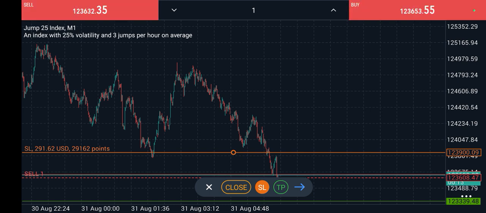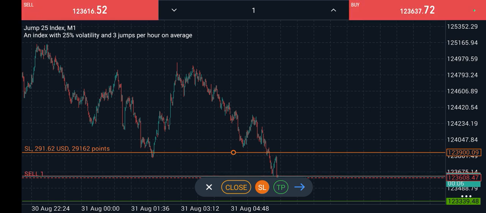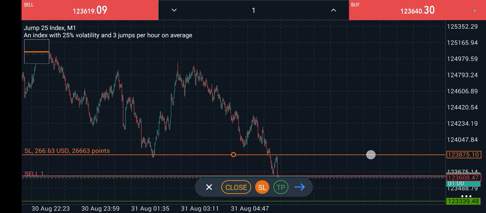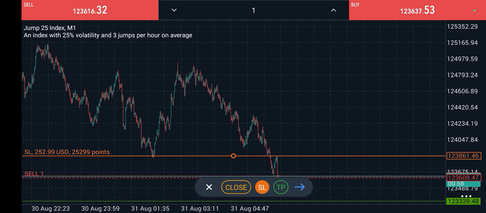The stop loss is an automation order that closes your trade at a specific loss level. So if I'm willing to lose 291, whenever this market that is moving now gets to this point where my SL is, it is going to close the trade for me automatically. Even if I'm not there, once I set it, it's just going to close for me.